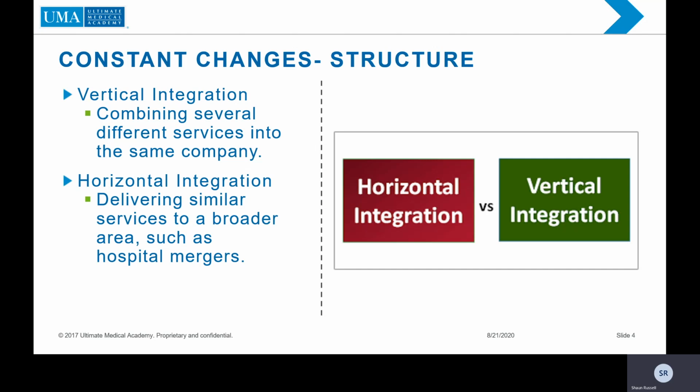In fact, when I worked in a hospital, I was an employee of one company, but the hospital that the pharmacy sat in was owned by a totally different company. So that would be horizontal integration, where one company offers similar services to a lot of different locations.